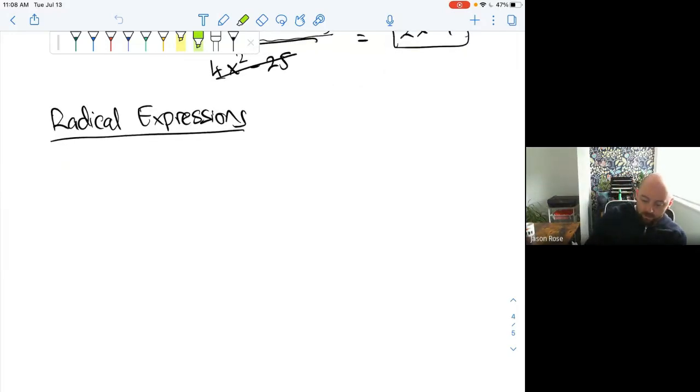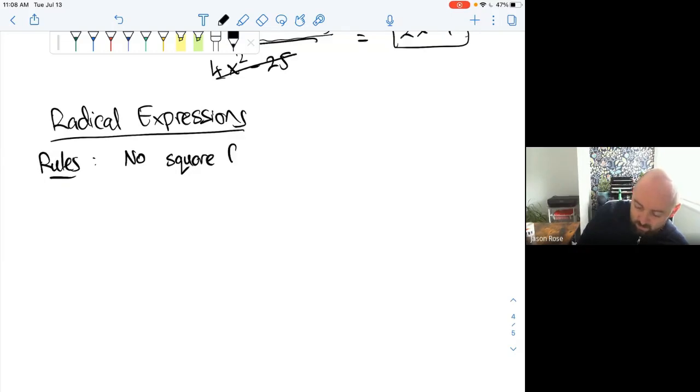So as a quick reminder, the rules. No square factors under the root. It's a pretty ugly square root. Let me try again.